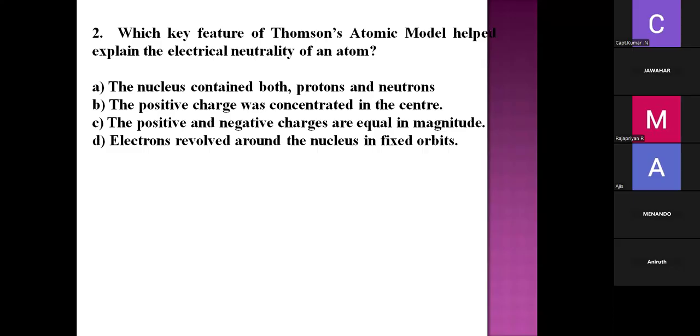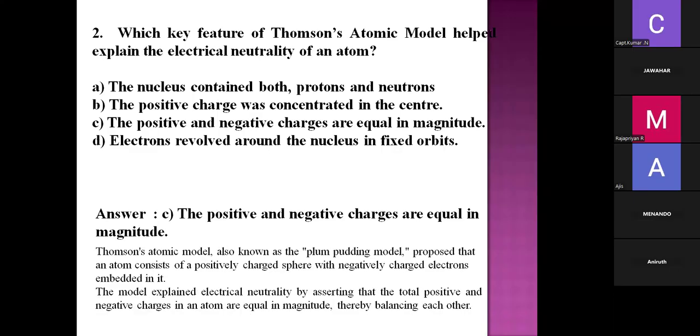Option D, electrons revolve around the nucleus in fixed orbits. What is the correct answer? The correct answer is option C.